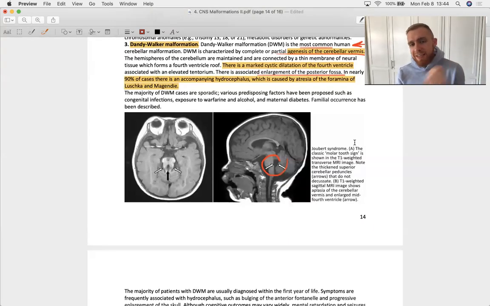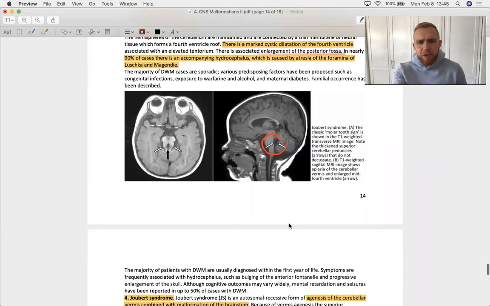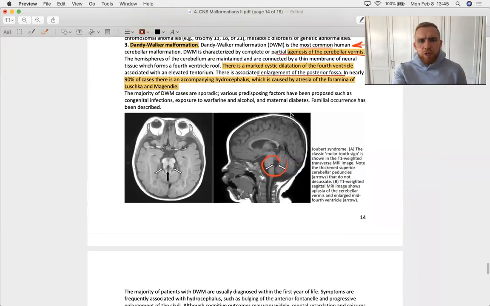You need to memorize that it's agenesis of the vermis. So no herniation, unlike the Chiaris, but it is an agenesis of the cerebellar vermis. So there's a little bit more space for that 4th ventricle to expand and fill with fluid. So as a result, you usually see compression of the cerebellum that can lead to an ataxia. And you could see a hydrocephalus caused by atresia of the foramina of Luschka and or Magendie. And remember, Luschka, L lateral, 4th ventricle.